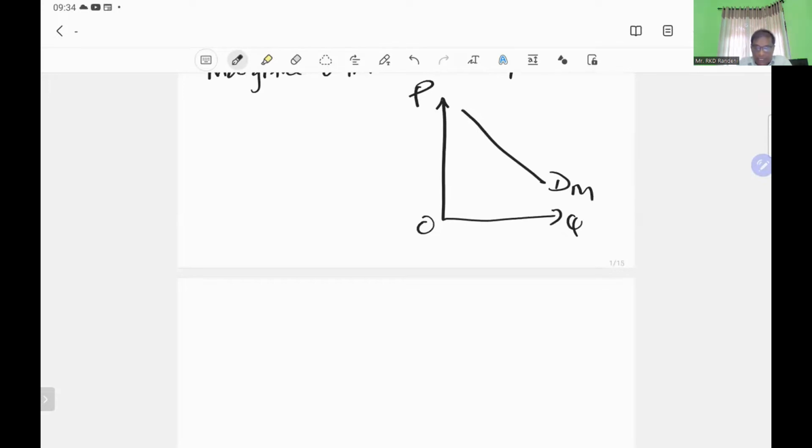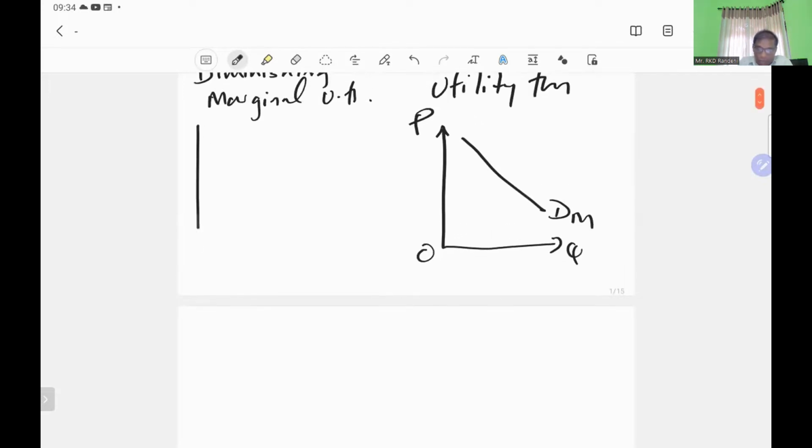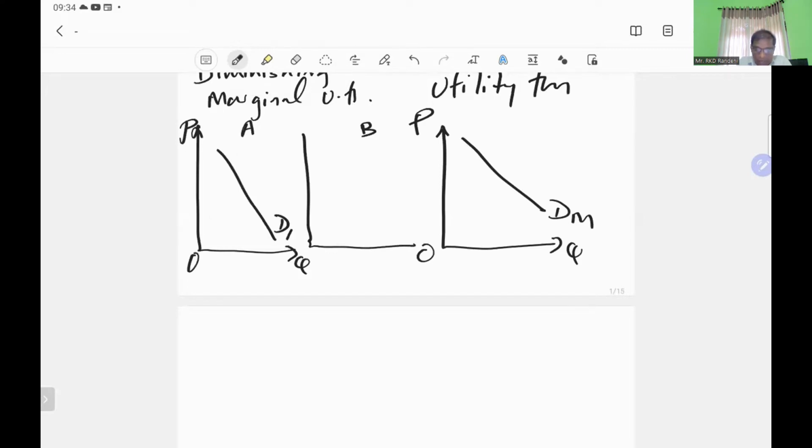Likewise, assume that there are two consumers, A and B. Price, quantity, 0. This is A's demand curve. Here, B's demand curve.